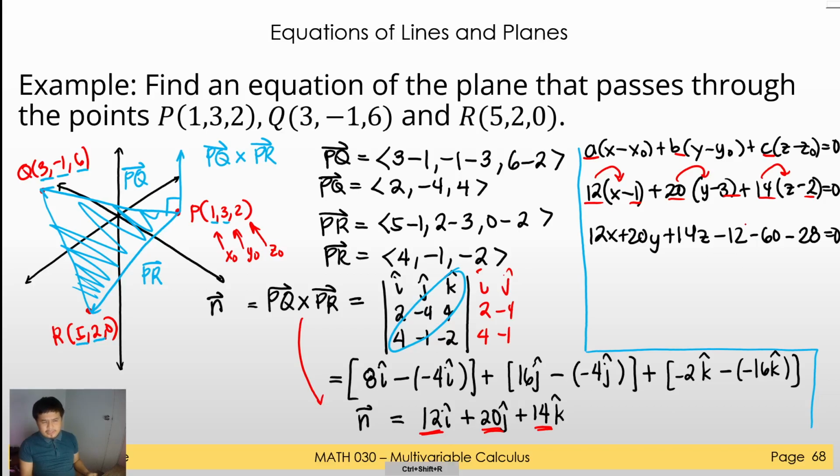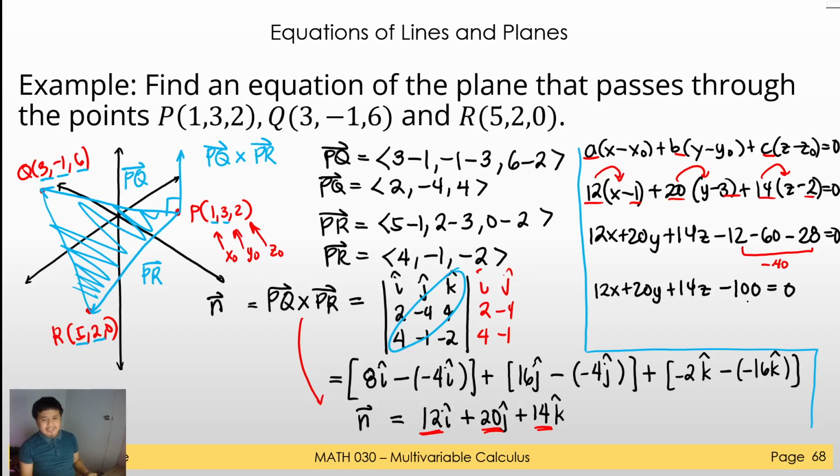Let's add these: 12 plus 60 is 72, plus 28 is 100. So 12x plus 20y plus 14z minus 100 is equal to 0.